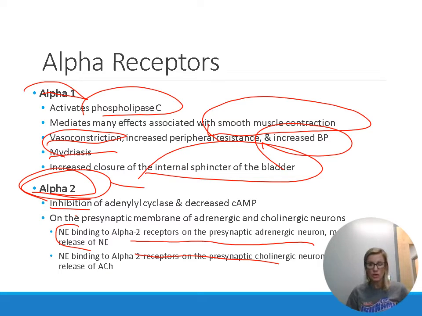Clonidine, for example, is a blood pressure medicine that's an alpha-2 agonist, which seems weird because stimulating an alpha receptor makes you think that you're stimulating the sympathetic nervous system, which would increase blood pressure. But because it's stimulating an alpha-2 receptor, that actually decreases the release of norepinephrine. So that's going to actually lower blood pressure.